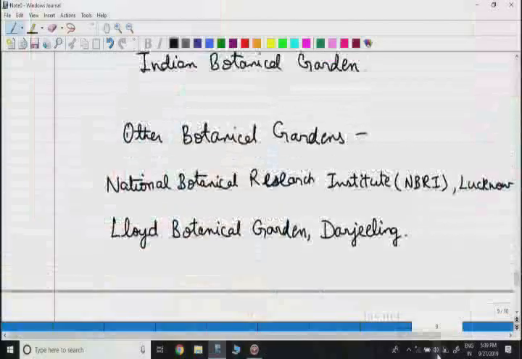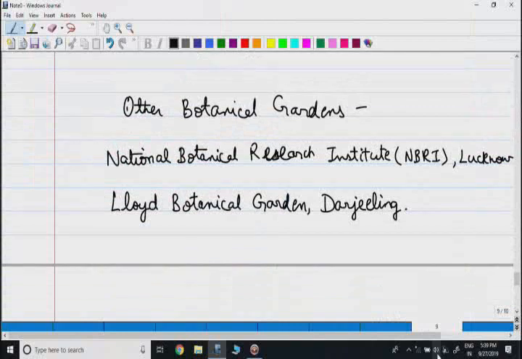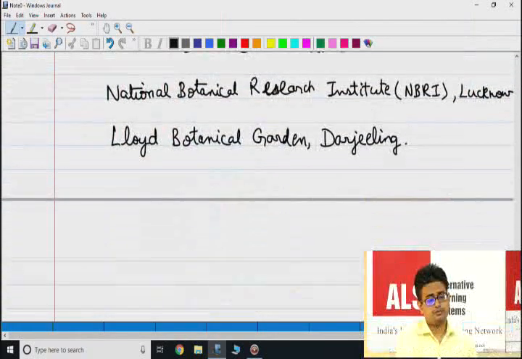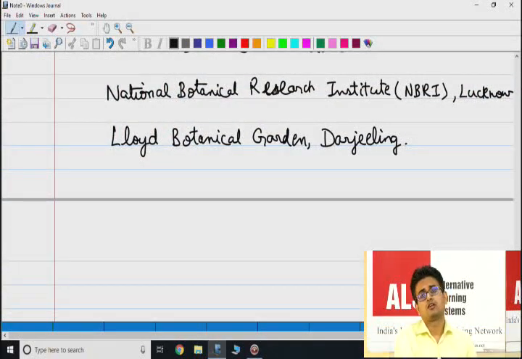Okay, these are the botanical gardens. There are some other botanical gardens also. Kemjing Lanjao Botanical Garden, Sikkim. It's the only floating botanical garden in the world. And it's one of a kind because it has a butterfly sanctuary.